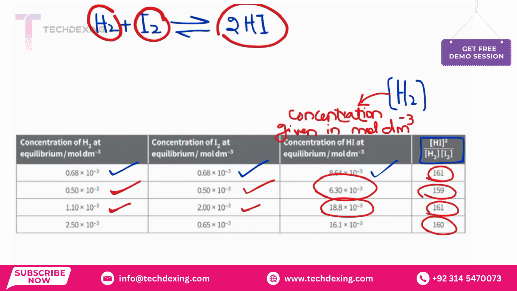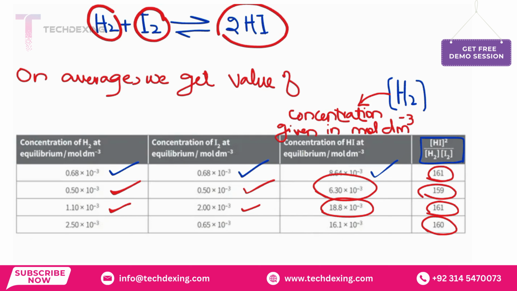So on average, we get a value of 160 for ratios of molar concentration. What do you know about the molar concentration?